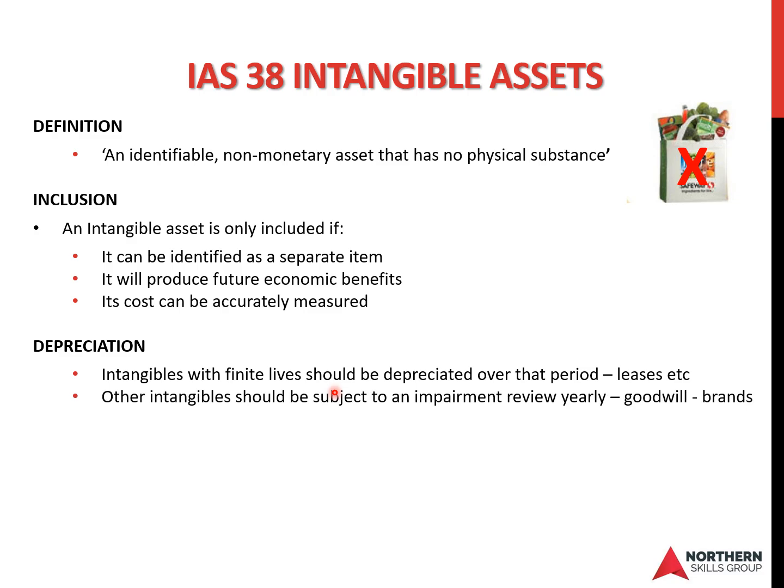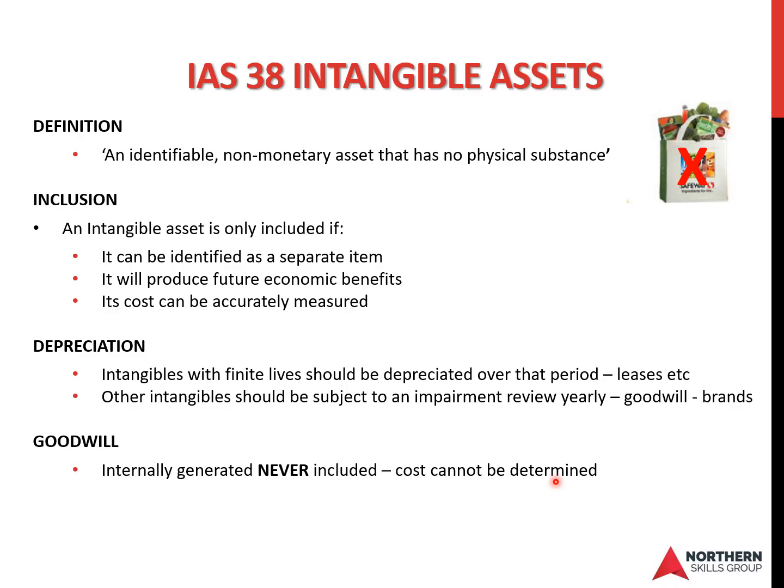If, however, it's an intangible that doesn't have a set period of time, if it's likely to exist ultimately forever, then those intangible assets must be subject to an impairment review every year, and that particularly applies to goodwill. That needs to be reviewed to make sure that the future benefits, remember the future economic benefits, are at least equal to the value shown in the statement of financial position.